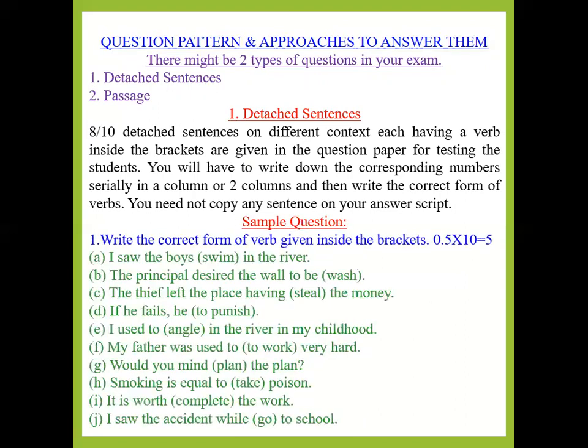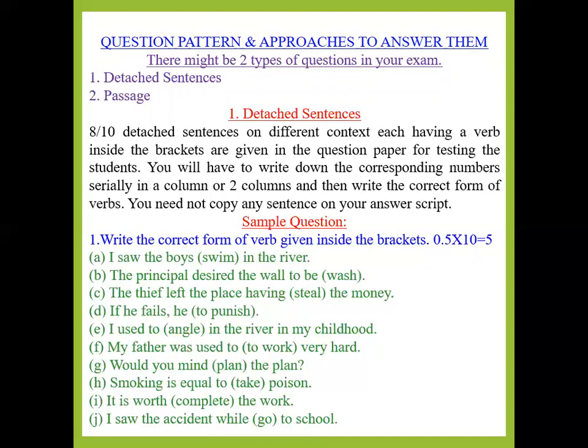Sample question. Write the correct form of verb given inside the brackets. Look at the sentences given here. There are 10 sentences having 10 verbs inside the brackets, and they have been said on different contexts.